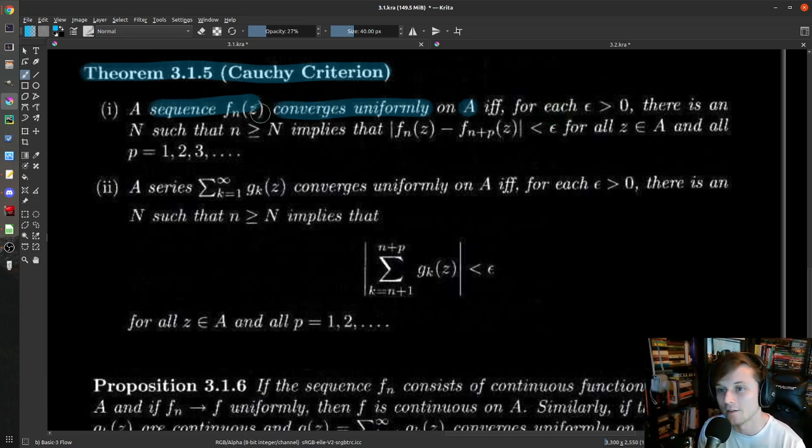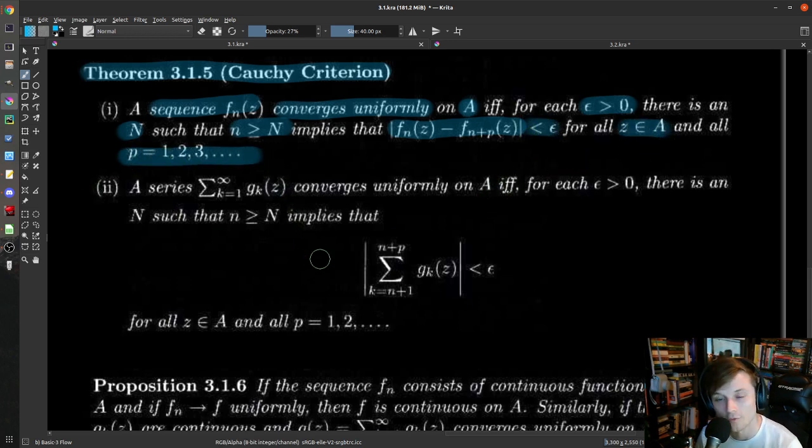So a sequence f_n of z, this sequence of functions, converges uniformly on a domain A if and only if for each epsilon greater than 0, there is a capital N such that for all little n greater than or equal to big N, in modulus f_n of z minus f_{n+p} of z is less than epsilon for all z in A, and all p in 1, 2, 3, 4, and so on.